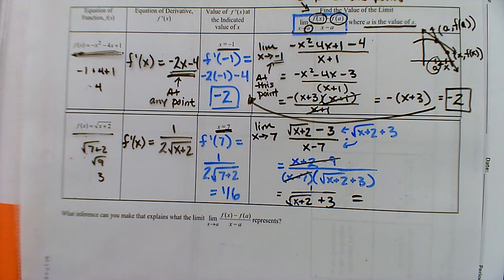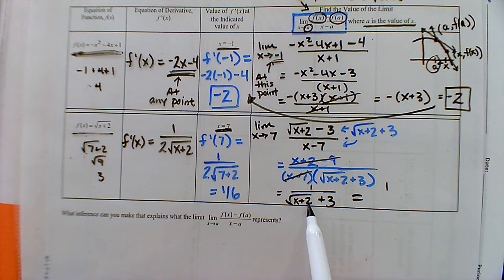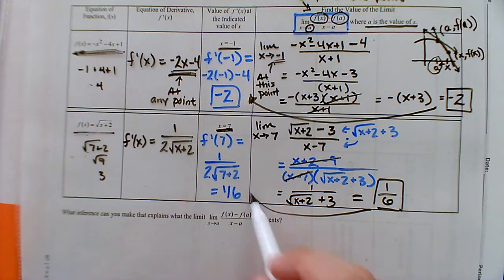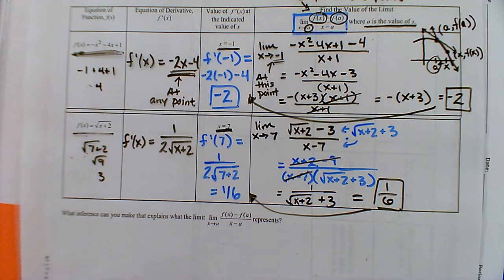If we did direct substitution, plugging in that 7, 7 plus 2 is 9, square root of 9 is 3, 3 plus 3 is 6, we'd have 1 over 6. Notice how that's the same exact derivative value we got before, right? Just instead of finding the derivative equation and then plugging in 7, we simply had to solve one limit, and we get the same result.